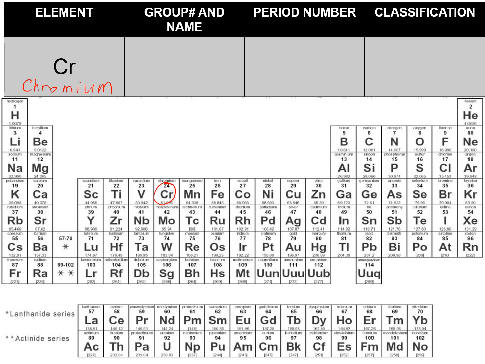So, kung tutuloy-tuloy natin yan, so group 1, 2, 3, 4, 5, 6, 7, 8, 9, 10, 11, 12, 13, 14, 15, 16, 17, and 18. So, anong group number niya? Group number 6. Ayan.